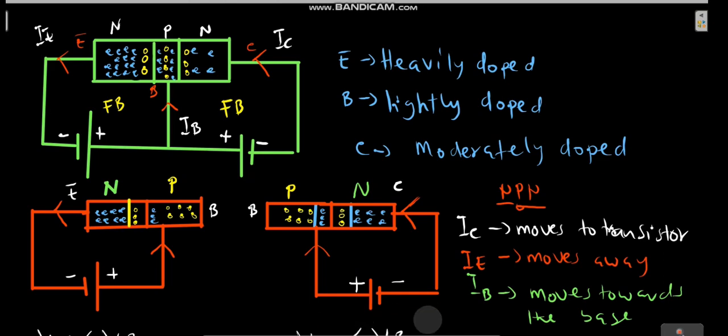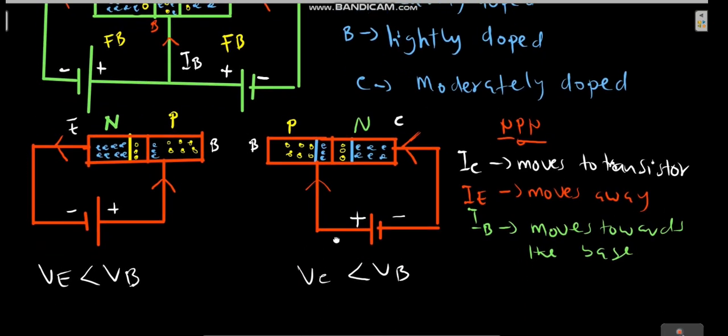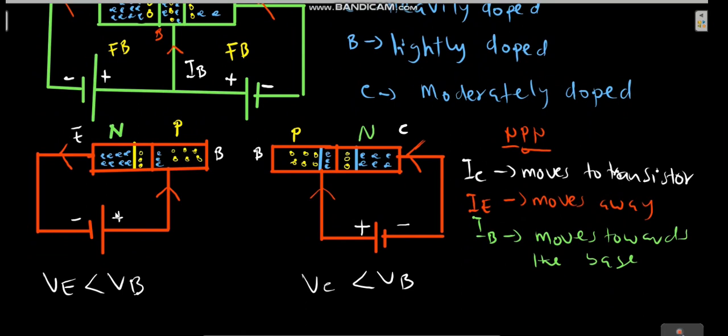Now let's look at some few things here. Looking at this, you see that we have the voltage at the emitter side and the voltage at the base side. The base is connected to the positive terminal and the emitter is connected to the negative terminal. So that's to say that there will be a flow of current from the base to the emitter.